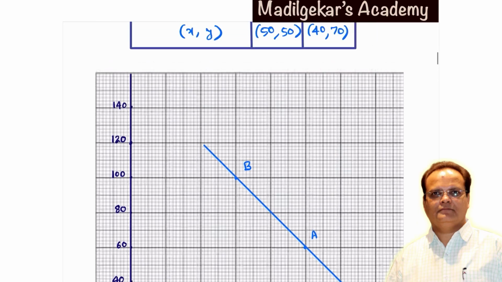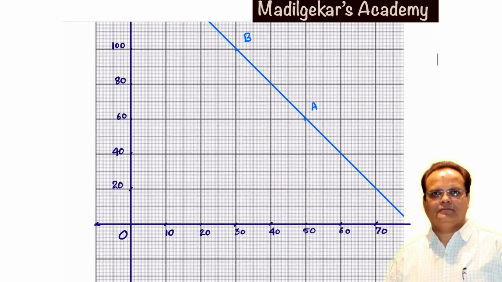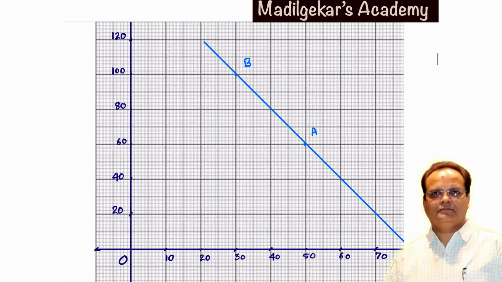The second points, (50, 50), will be here, C point, and (40, 70), so this is D point. Join C and D.